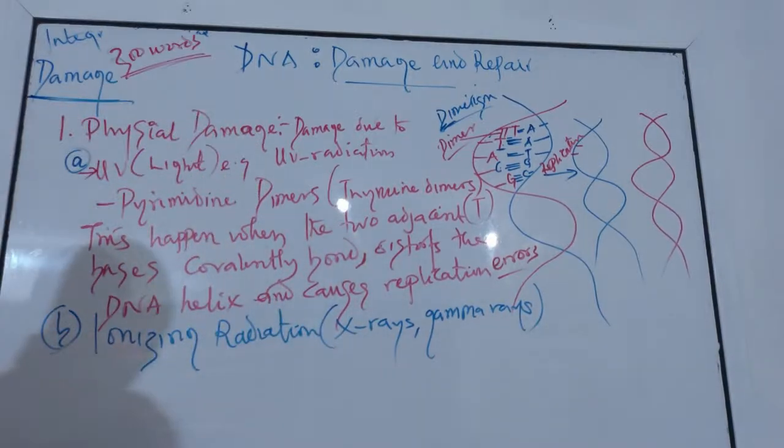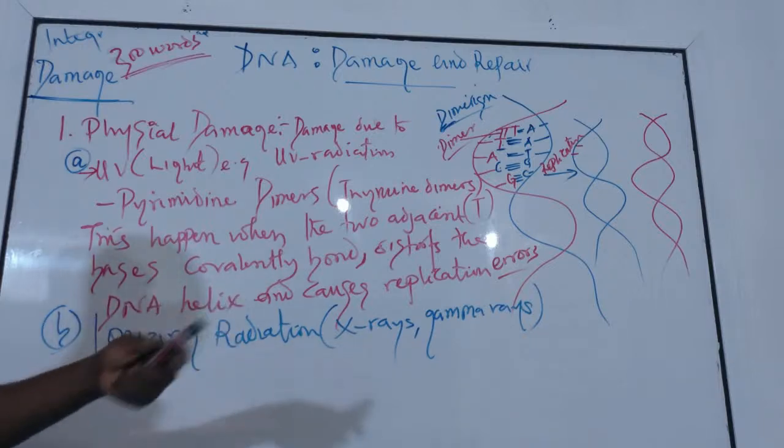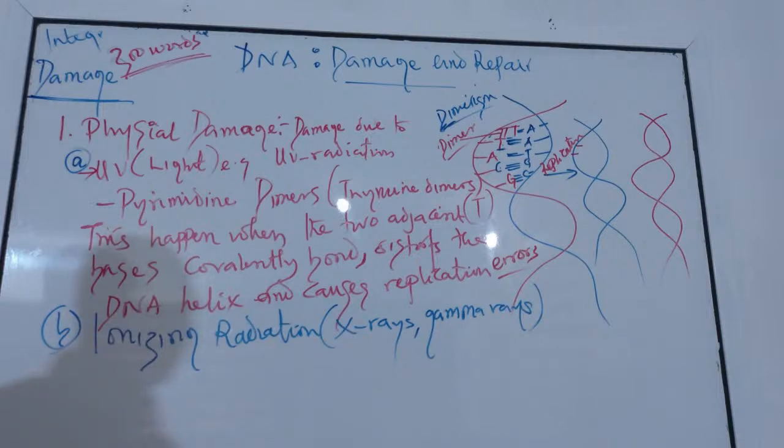Some of us might be wondering how we are going to expose ourselves to X-ray radiation. I'm not sick, and I'm not going to subject myself to anything that involves X-ray.